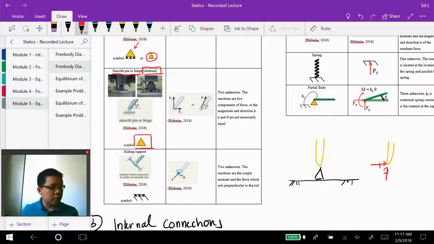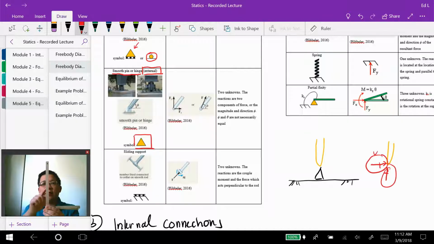For example, my hand is acting as a pin support at the bottom right here, and this is the member. We can see that the member is restricted from moving in the vertical direction. It's also restricted in translating left and right, so we have reaction forces in the vertical and horizontal direction.